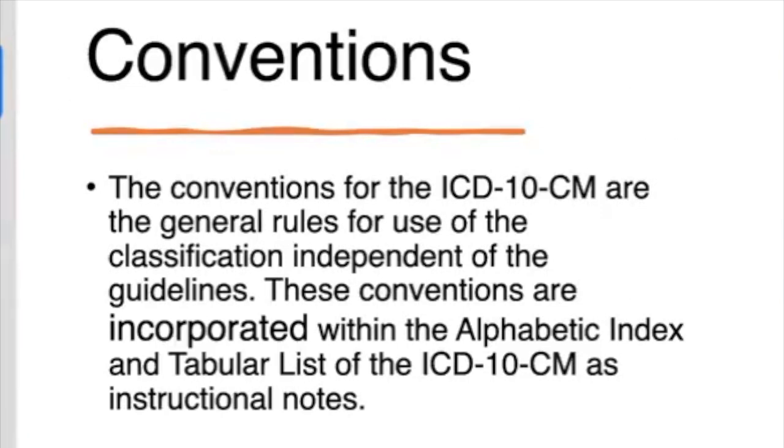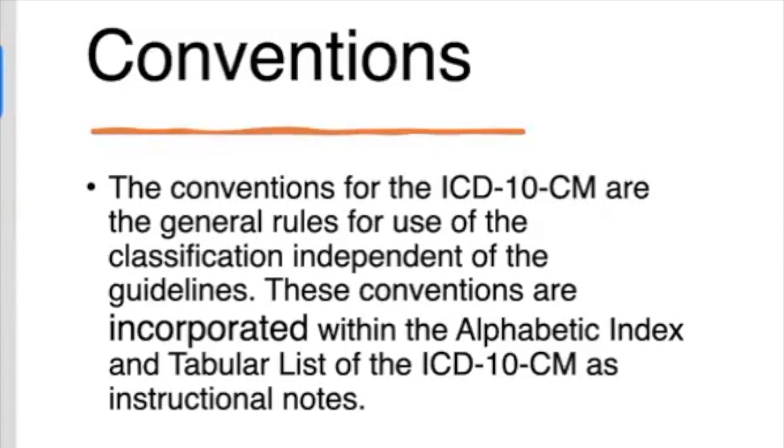Now, we were talking about the tabular. In the alphabetic index, a convention could be an instruction that says see also. That is a convention. A convention can also be a manifestation like this one. F02.80 is a manifestation of this code right here. This code F02.80 is actually a dementia code of a patient who has Alzheimer's, and a patient who has Alzheimer's automatically is also suffering from dementia.